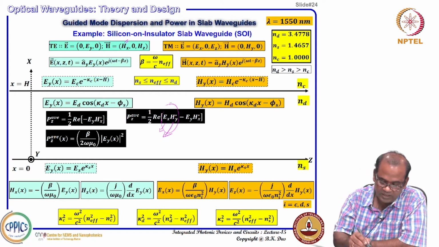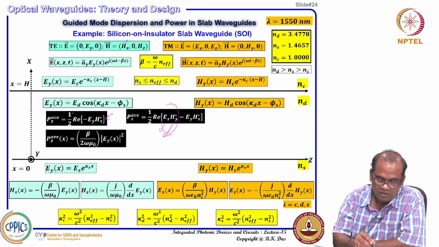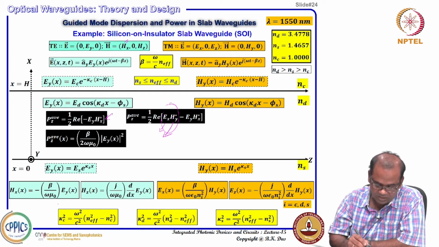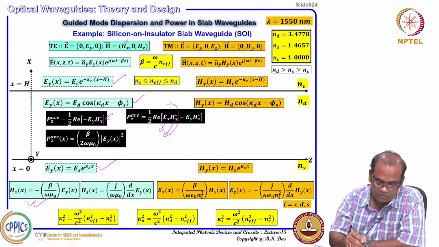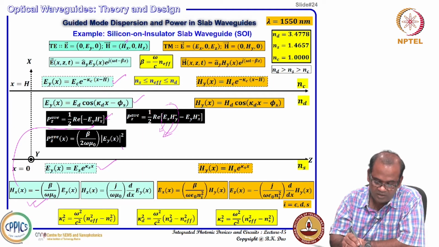So for T polarization I can write this expression: half real part, minus sign, E y H x. H x can be expressed in this form. Because I solved E y everywhere, now H x can be obtained from E y, just by multiplying by minus beta over omega mu 0. If I replace H x here, then you get the x-dependent energy flow per unit time per unit area.